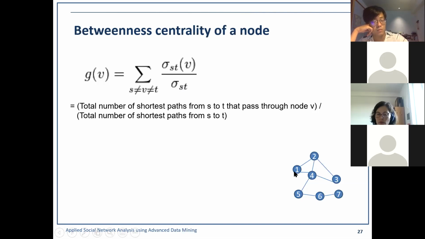If I take S equal to 1 and T equal to 6, then I have the number of shortest paths that go through node 4 divided by the number of shortest paths. And in both cases, it's 1.